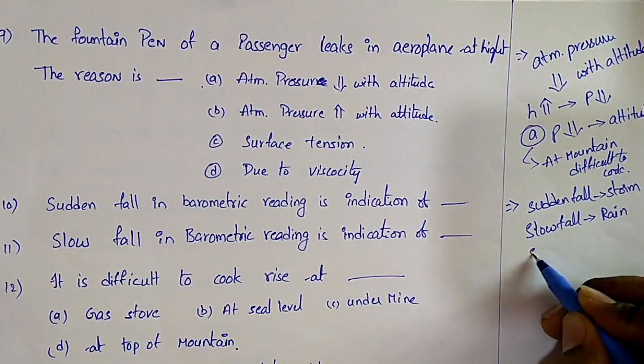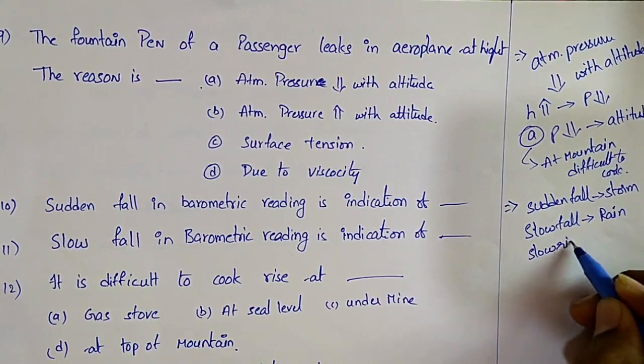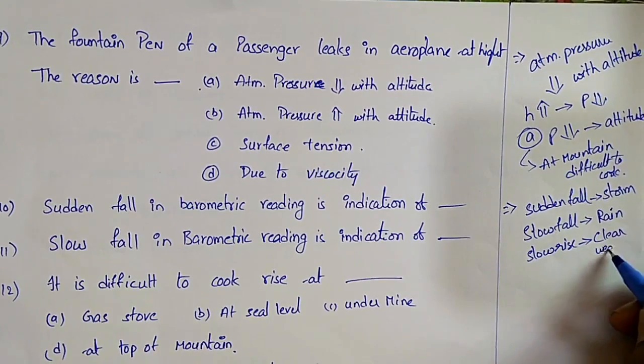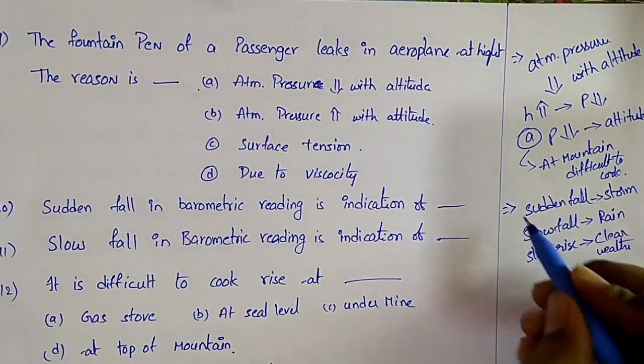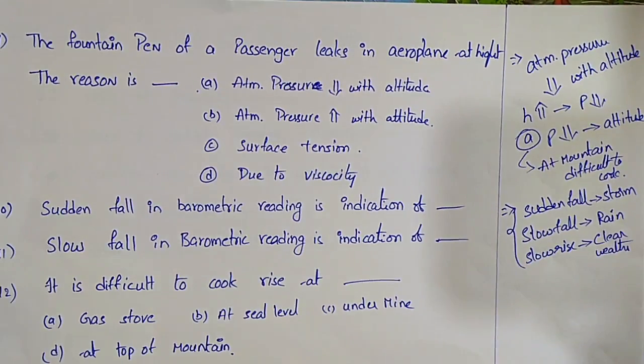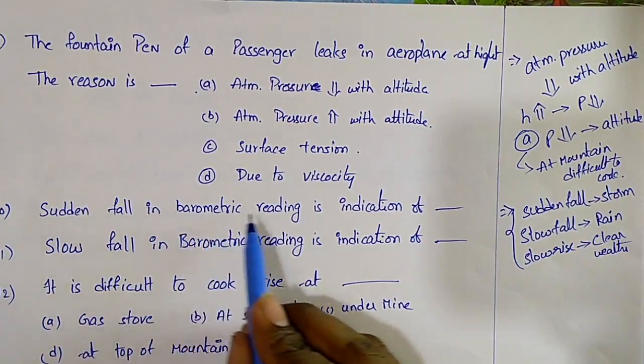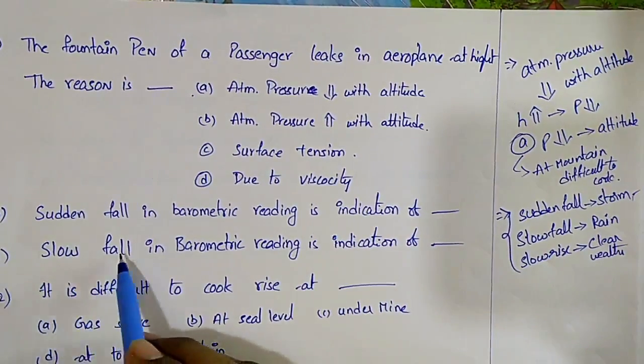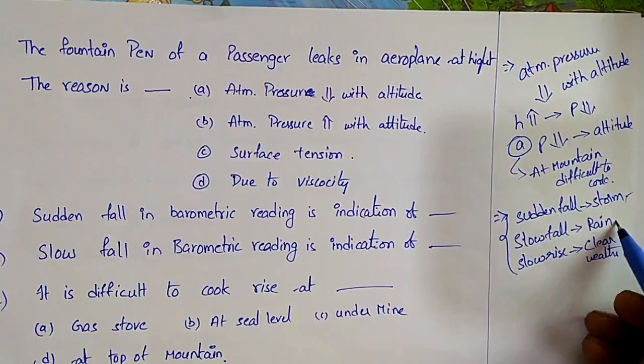And the next one, slow rise is the indication of clear weather. These are the indications of barometric reading. Here, the sudden fall in barometric reading is indication of storm, and slow fall is the indication of rain.